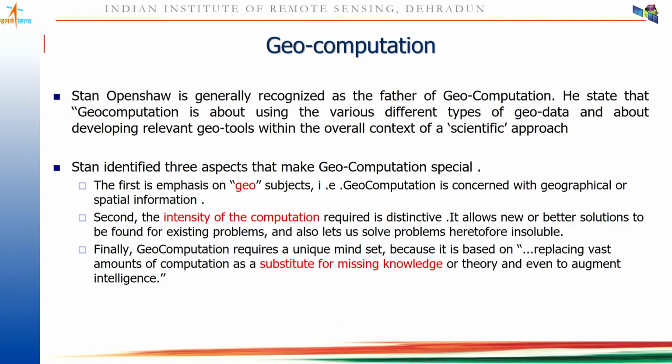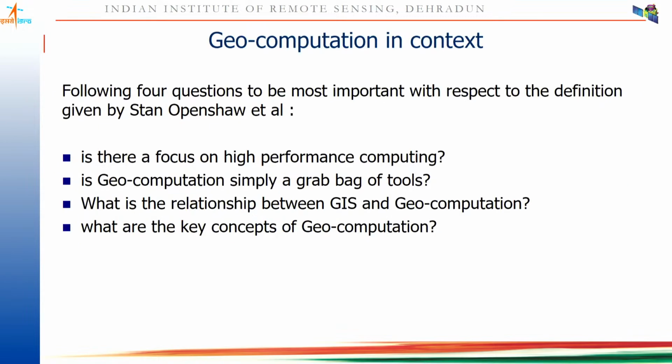Finally, he says that geocomputation requires a unique mindset because it is based on replacing vast amounts of computation as a substitute for missing knowledge or theory, and even to augment intelligence. So here we are trying to apply intelligence on this data to get meaningful information out of this data.